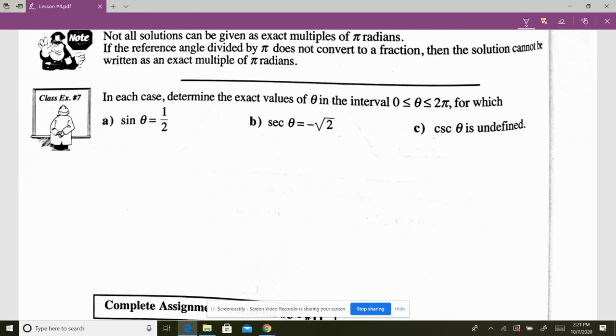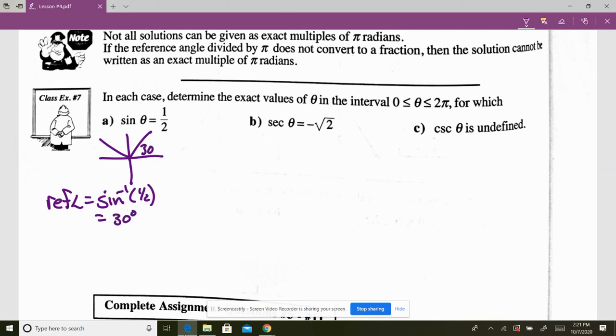So let's do the first one here. Sine theta is equal to a half. Where is sine positive? What quadrants? 1 and 2. What is my reference angle here? 30 degrees.